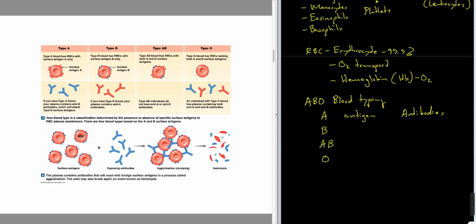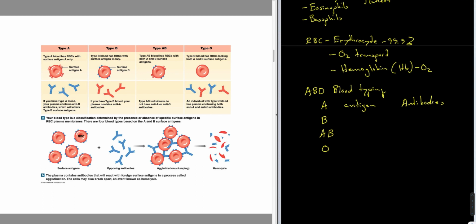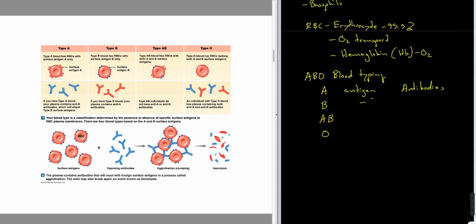Antibodies are large protein molecules created by our immune system, and their job is to detect foreign antigens as opposed to self-antigens. So we can break up antigens as self versus non-self. The whole function of antibodies is to scour the bloodstream and scour through the body to find anything that doesn't belong.